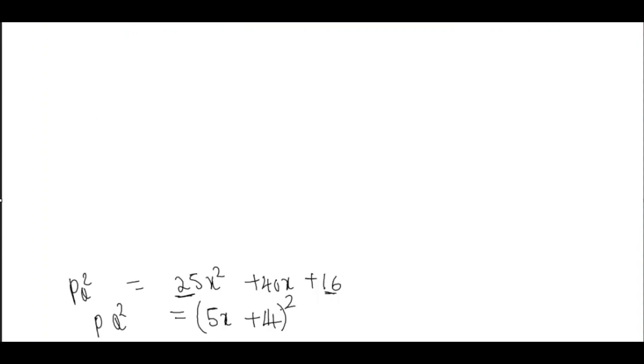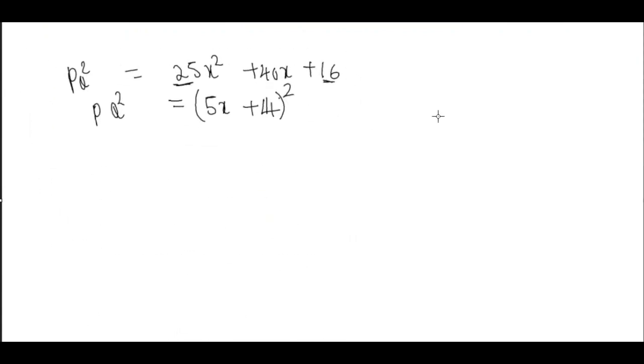So in our case, we can take the square root on both sides. So the square root of PQ squared and the square root of 5x plus 4 all squared.